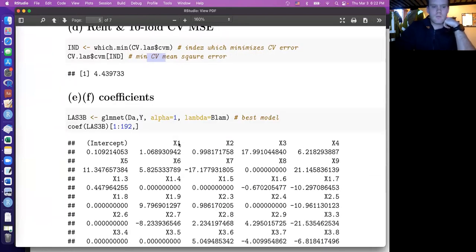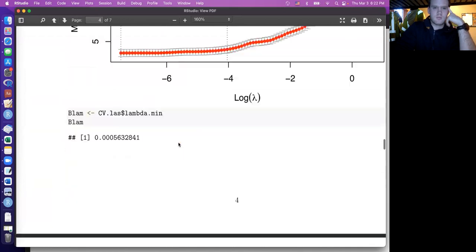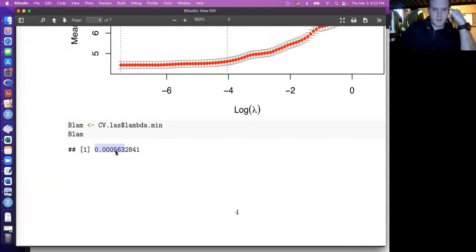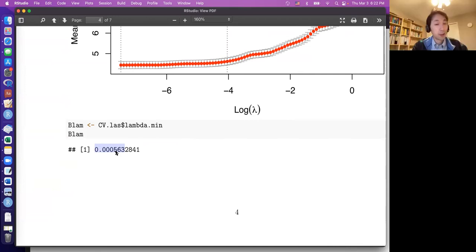Professor, what was the minimum lambda you had gotten? The lambda value which gives the minimum MSE is 0.0005. Okay, I think I got that. It depends on your random numbers.